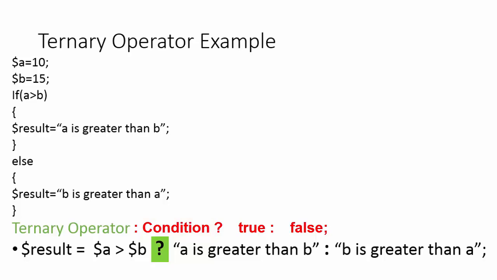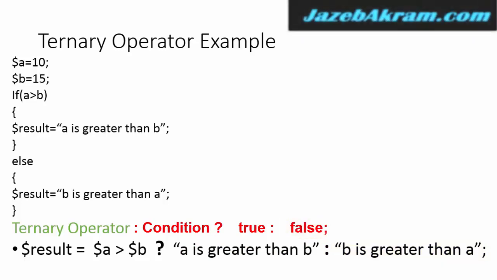And if a is greater than b, then you should say that a is greater than b, or else the else code will be after the colon: b is greater than a. It's the same as the if condition, but you can write it in one line. So these are the famous operators in PHP which you will see all the time while writing and learning about PHP.